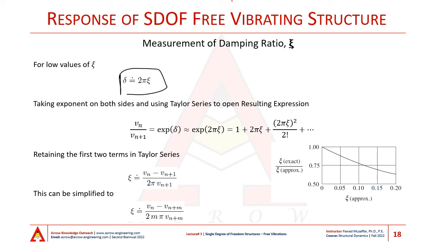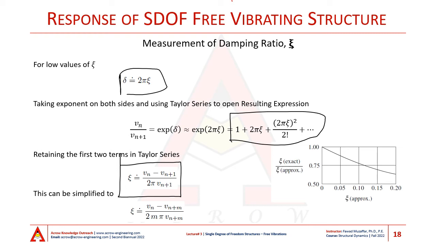If we use the Taylor series, which can be used to expand any expression on both sides of the previous equation, and if we retain the first two terms, we can calculate the value of the damping ratio using this equation.